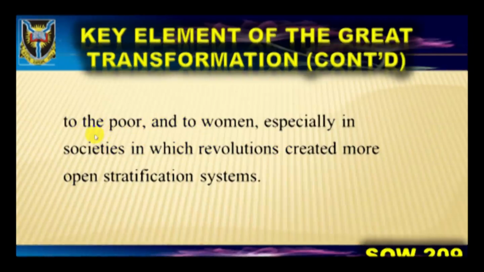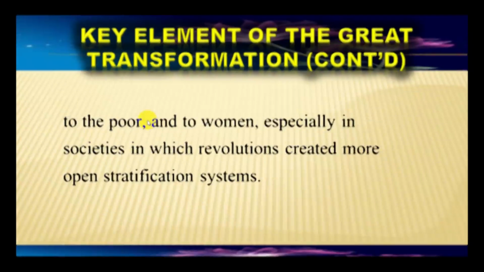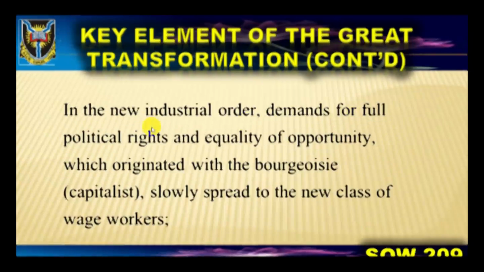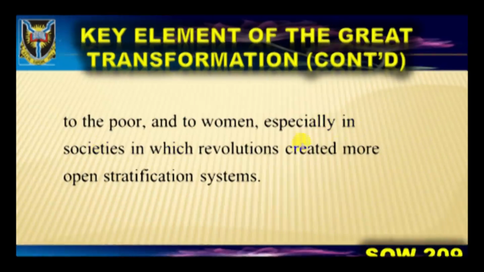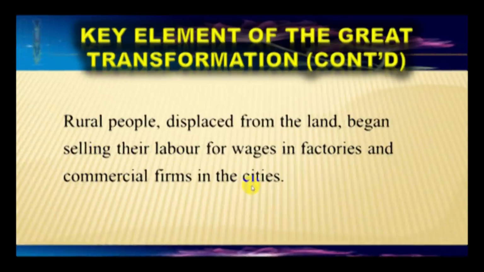4. In the new industrial order, demands for full political rights and equality of opportunity, which originated with the bourgeoisie, that is, capitalists, slowly spread to the new class of wage workers, to the poor, and to women, especially in societies in which revolutions created more open stratification systems. 5.